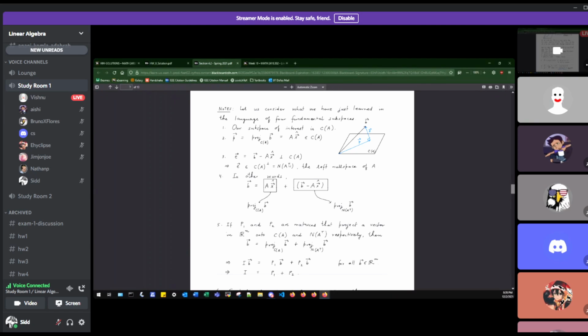And so the vector B, the vector on the right hand side of the equation, will be expressed as some vector in the column space plus some vector in the left null space. Or no, it would be the sum of the projection of B onto the column space of A plus the projection of B onto the left null space of A.